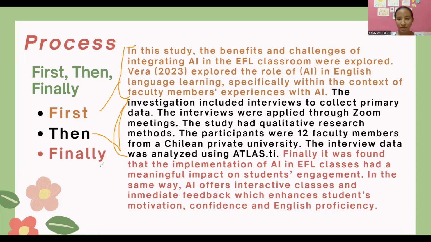Here we have the methods, the samples, the instruments that were applied. Okay, and finally we have the conclusions and main findings, the results of the investigation. So this is the final result.